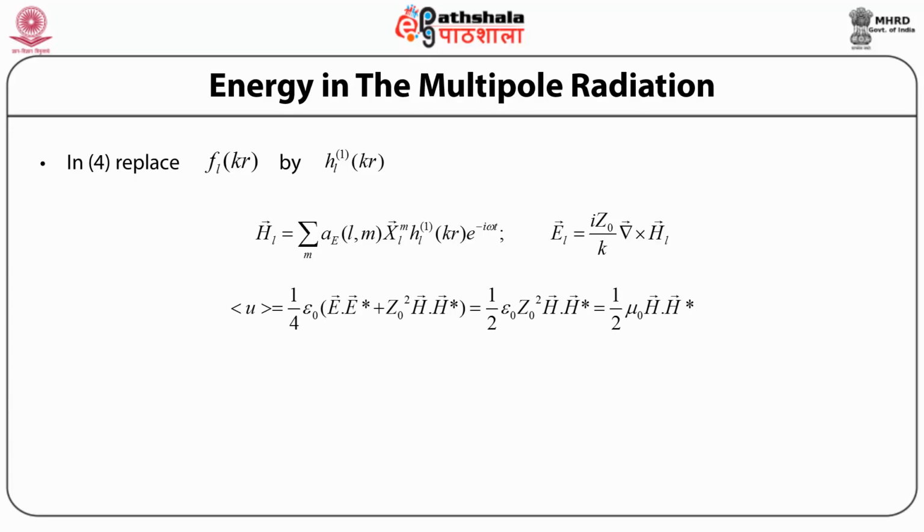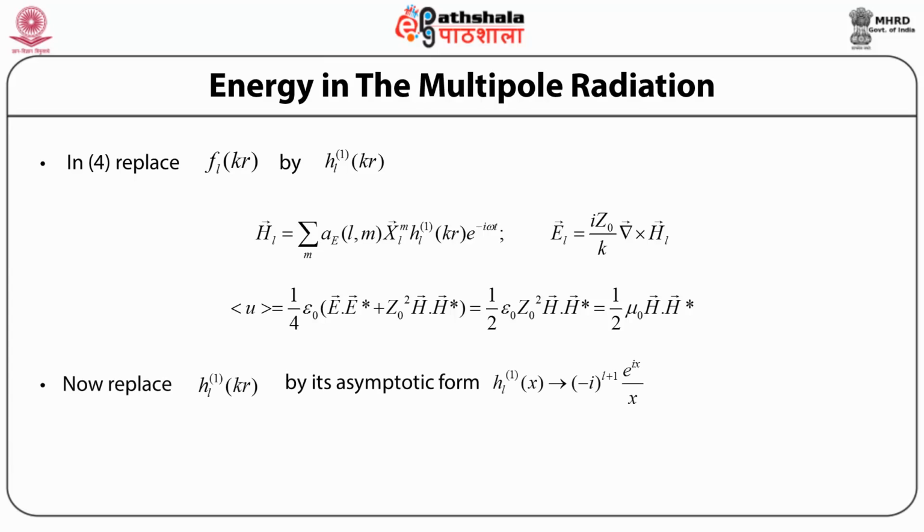Time average of U is equals to 1 divided by 4 epsilon naught into E vector dot E vector conjugate plus Z naught square into H vector dot H vector conjugate, equals to half epsilon naught Z naught square into H vector dot H vector conjugate, equals to 1 divided by 2 mu naught H vector dot H vector conjugate.